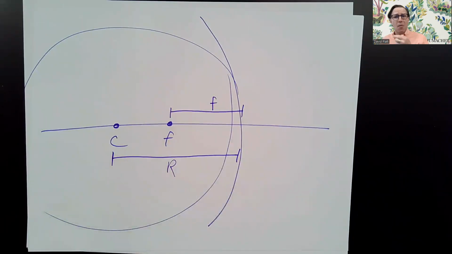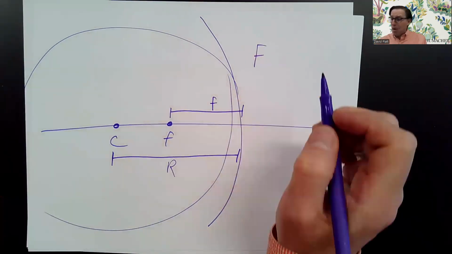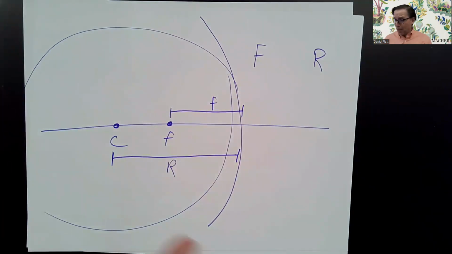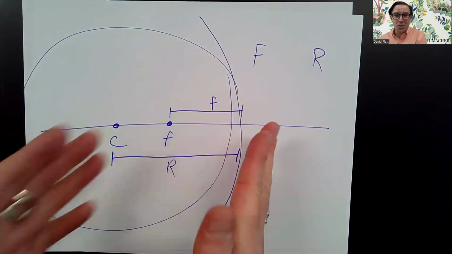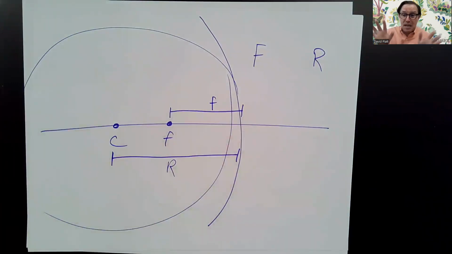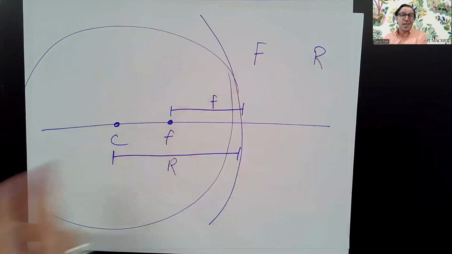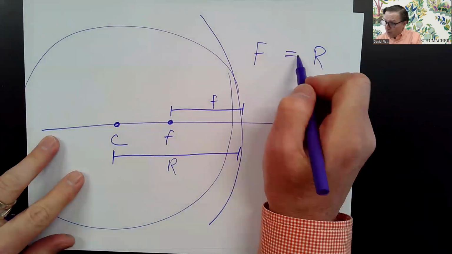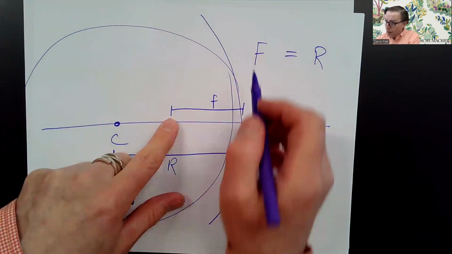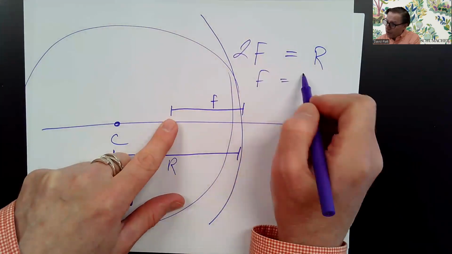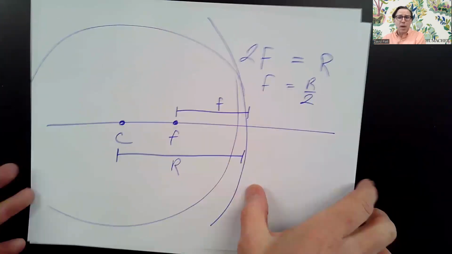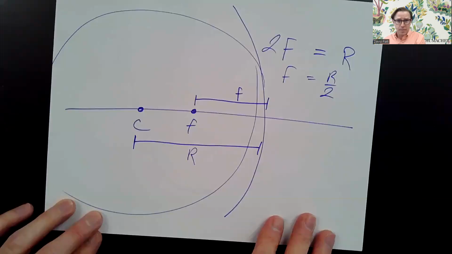So when I have a mirror, I'm often going to talk about its focal length, and I'm also going to talk about its radius. And you're like, whoa, parabolas don't have a radius and circles don't have a focus. You can't talk about a thing that has both a focus and a radius, except I'm pretending it's both. So what we want to say is, because of this picture, R equals 2F, or F equals R over 2. It's terrible, but live with it.